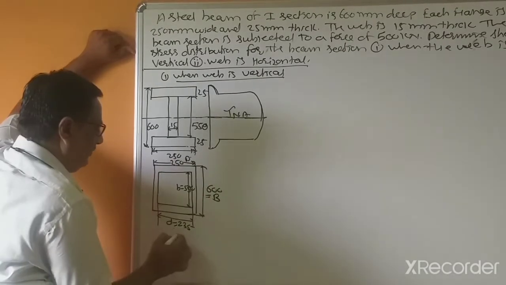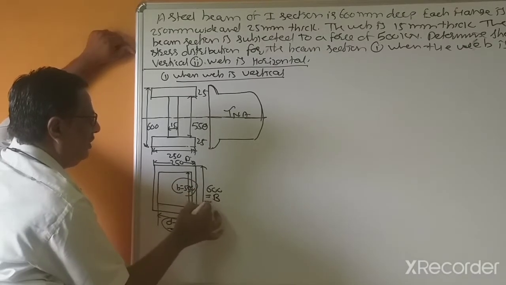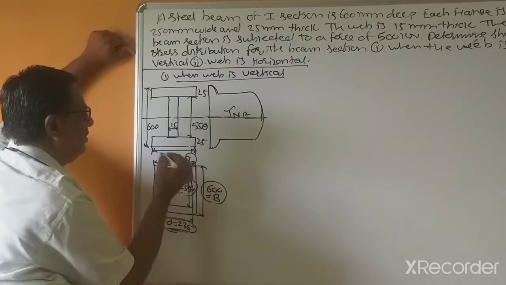So this is capital D, this is small d, this is b equal to 550, and this is capital D.